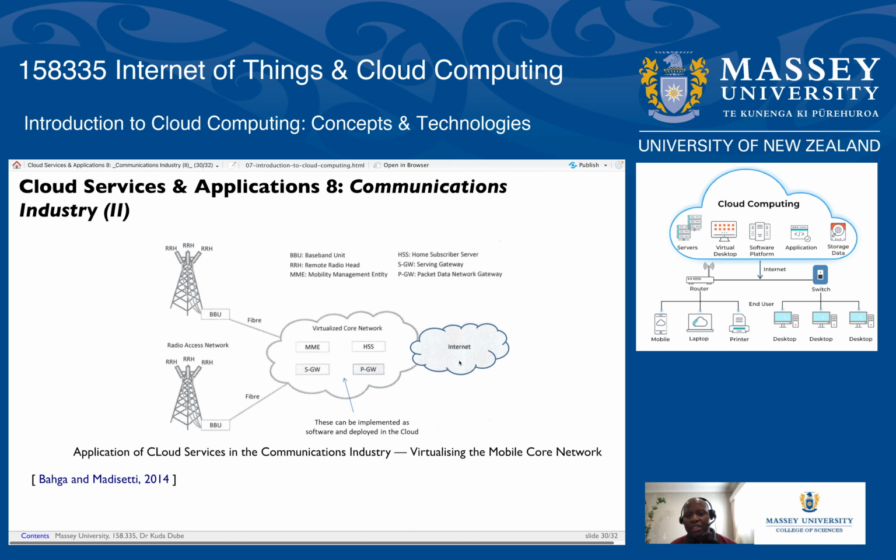So you could visualize the mobile core network. Now extra abbreviations in this diagram are the MME, mobility management entity, the home subscriber server HSS, and the serving gateway, and then finally the PGW, packet data network gateway.